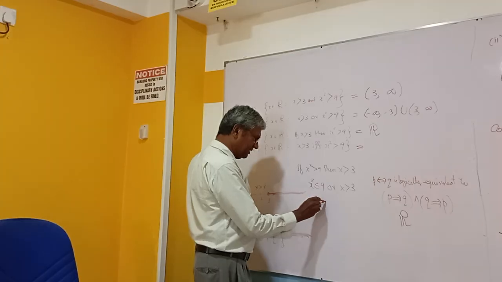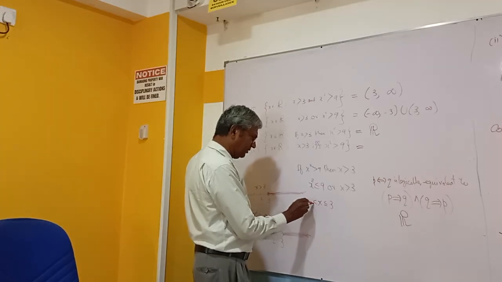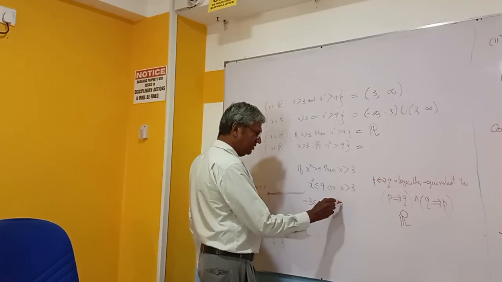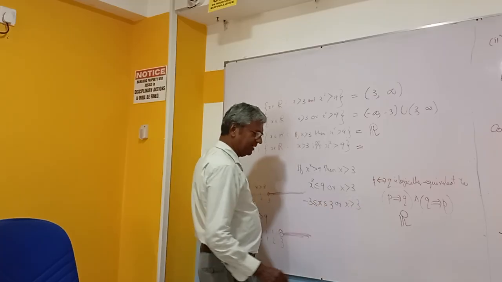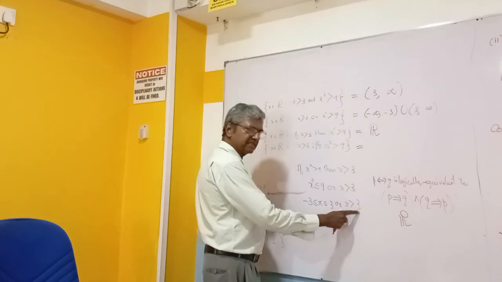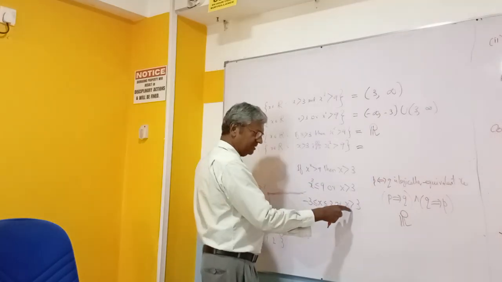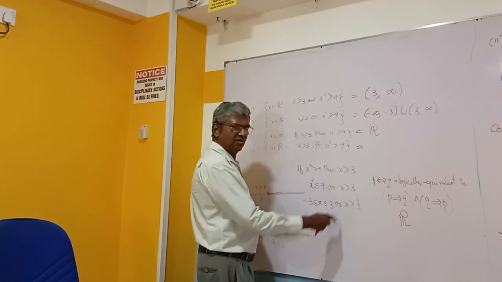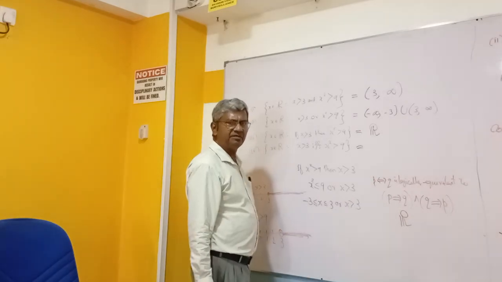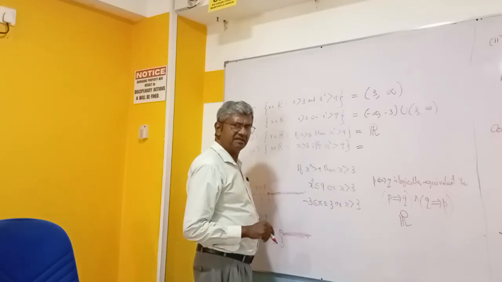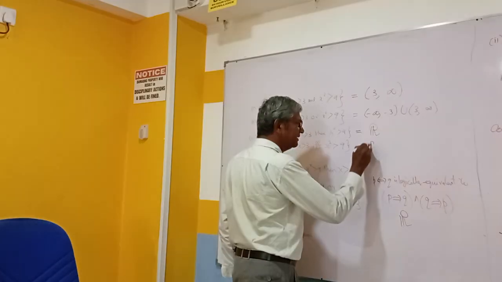This means x less than or equal to 3 and greater than or equal to minus 3, or x greater than 3. Therefore, all the way from minus 3 to infinity. You got it? Minus 3 to infinity.